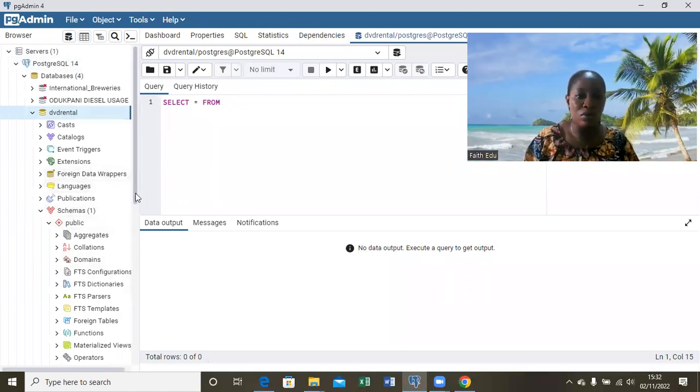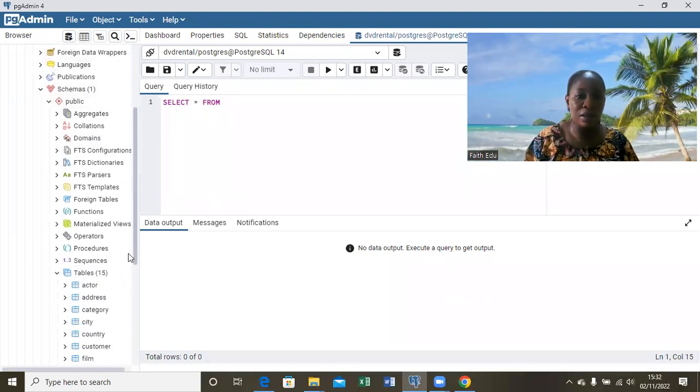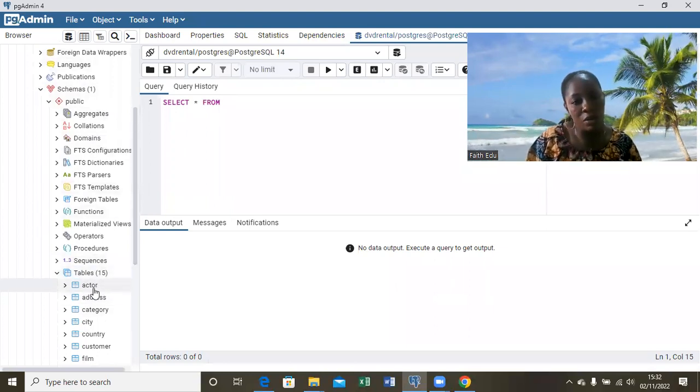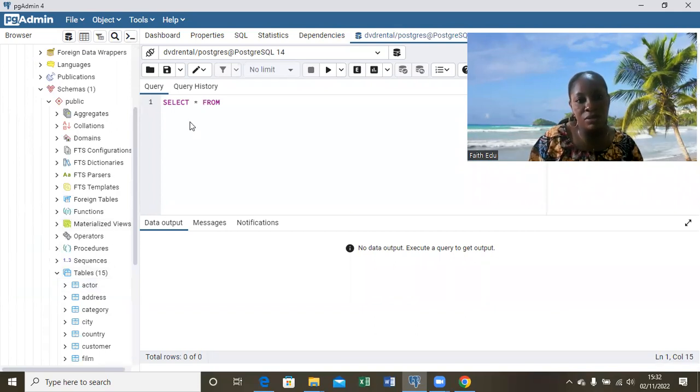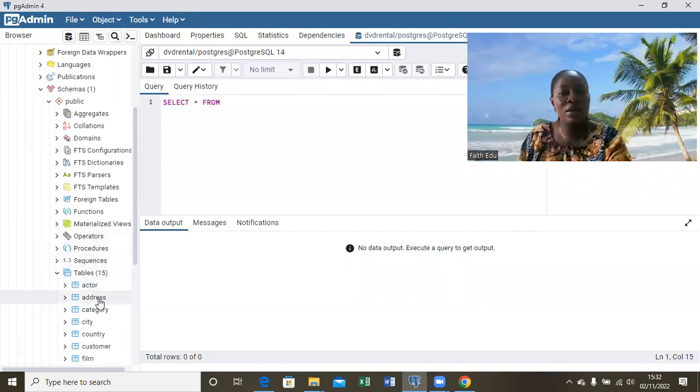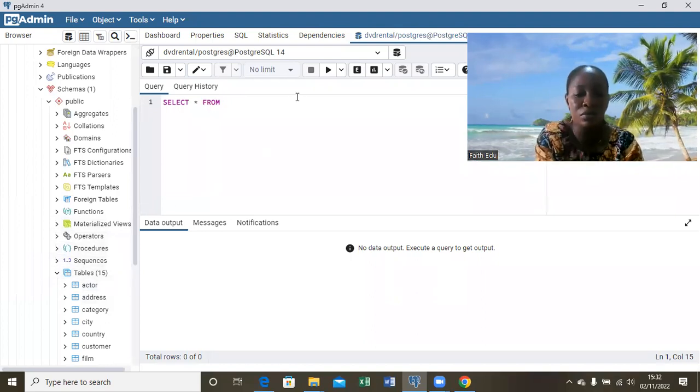I want to select from a table here. These are the tables. So this is the actor table. You notice that the actor table is written in small letters, so I have to write it exactly the way it is here, in small letters.